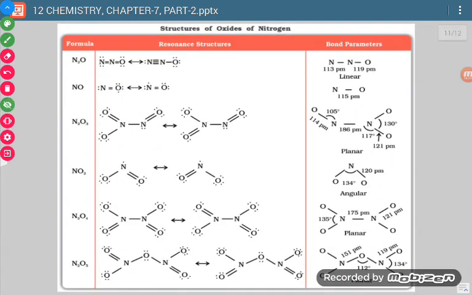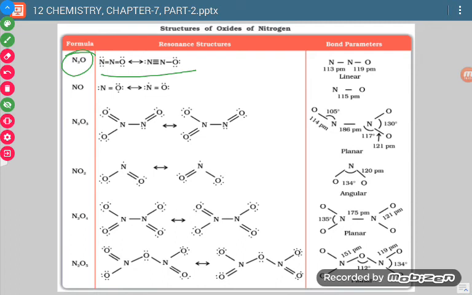How their structures look is very important. It is 100% sure that you will be asked some questions on the basis of structures of compounds from this chapter. So N2O, what is the structure? It is like this, okay. Now see, we have to arrange the electrons in such a way that it gives maximum stability to the structure.